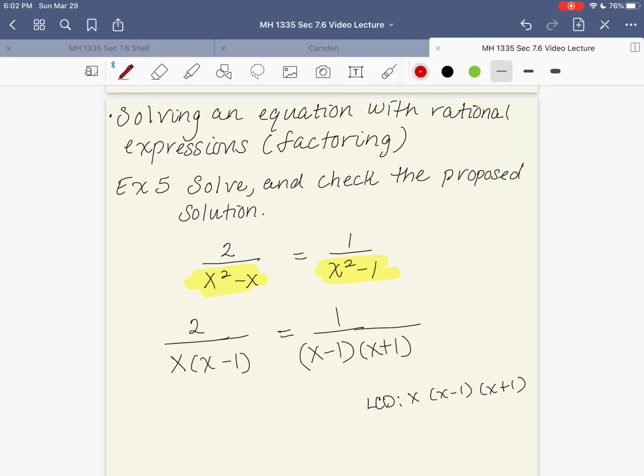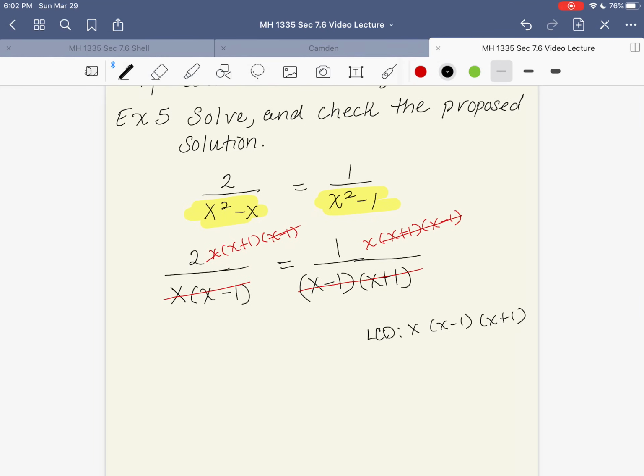Multiply each term by the LCD. And with this one, the x and x minus 1 will cancel out. With this one, x minus 1, x plus 1 will cancel out. So that's 2 times the quantity x plus 1 is equal to x, because 1 times x is x.